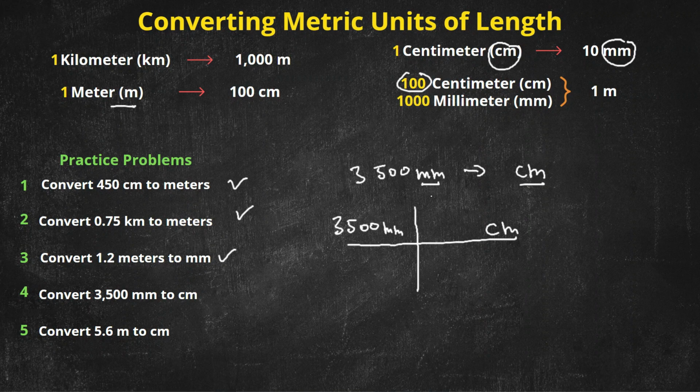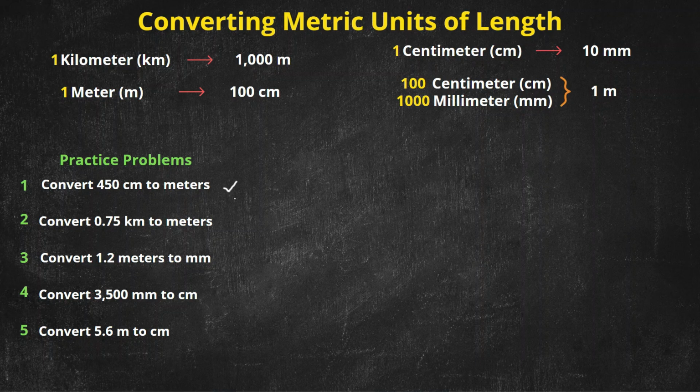Now 1 centimeter is equal to 10 millimeters. So we can go ahead and cancel these units. And we can cancel 1 zero out as well. Now we multiply 350 times 1 centimeter will be equal to 350 centimeters. This is your final answer for number 4.